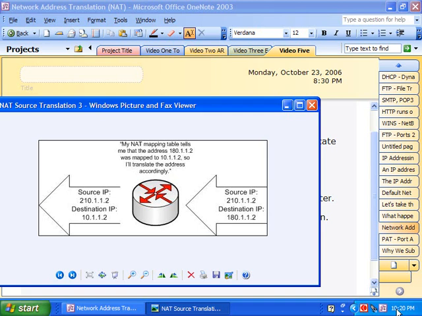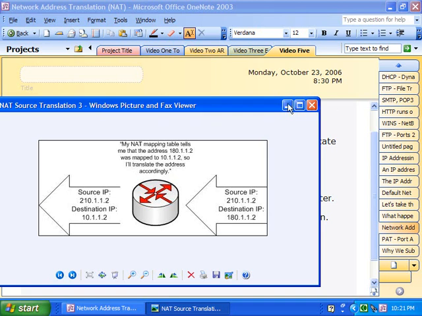And the router looks in the NAT mapping table, sees that 180.1.1.2 was mapped to 10.1.1.2, and translates the address accordingly. So you can see that when the packet leaves the NAT router, the source IP address is unchanged, but the destination IP address has been translated back. And again, all this is transparent to the internet-based host, the web server, and it's transparent to the private host.